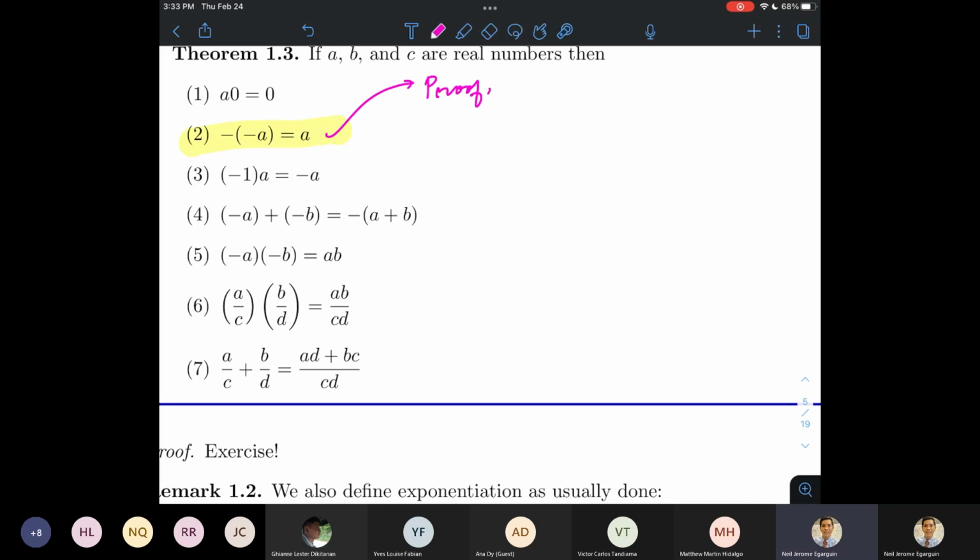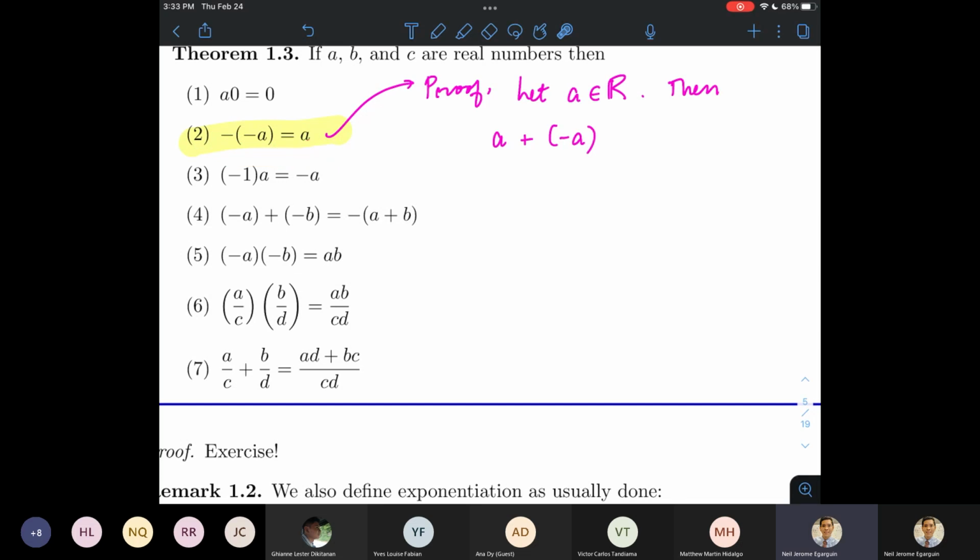Well, I can write the proof this way. I'm going to let A be any real number so it's clear that I don't need to split into cases. Then I will investigate what happens to A when I add to it negative A. Alright? Because the claim here is that the additive inverse of the additive inverse of A is A itself.